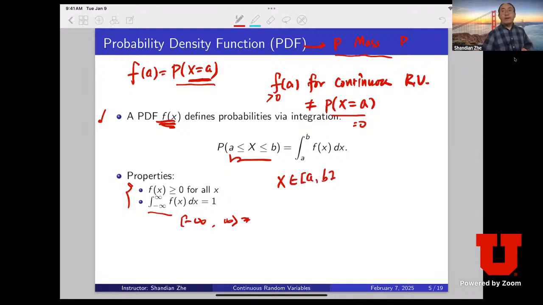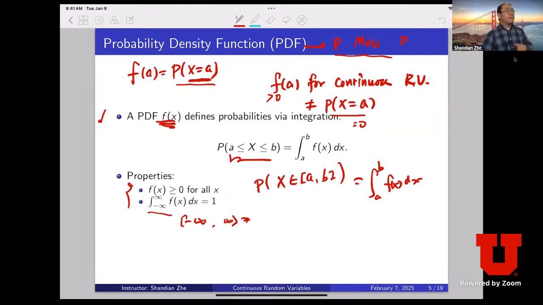The PDF can be used to calculate the probability of this event through integration, where the lower limit and the upper limit are the left and right ends of the range, and your integrand is your density function.